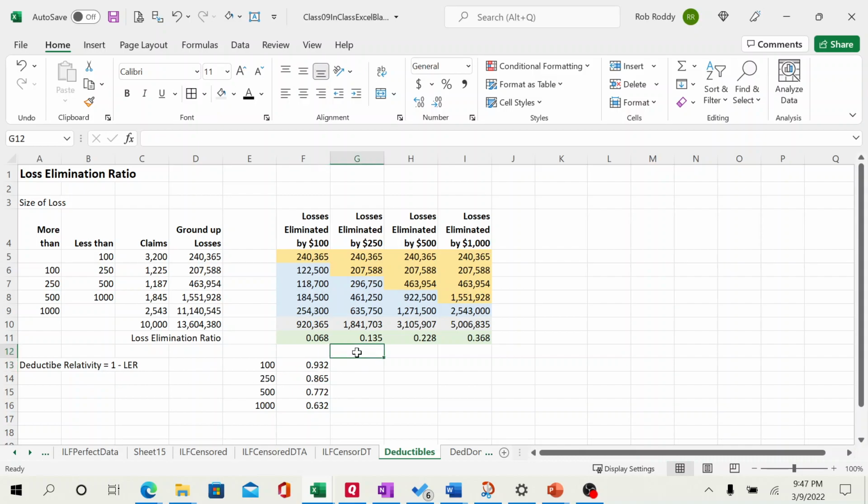So for $1,000 premium, you should be charging, my bad here. Let me make this a little easier for you to read.